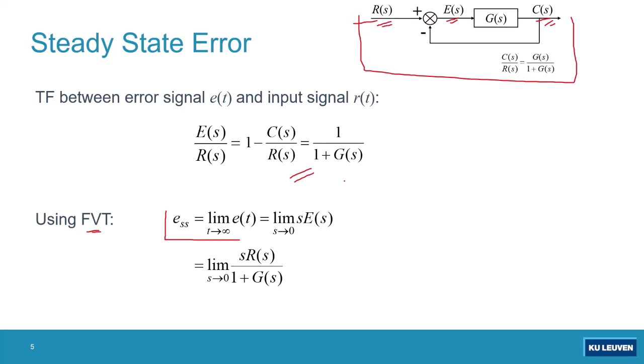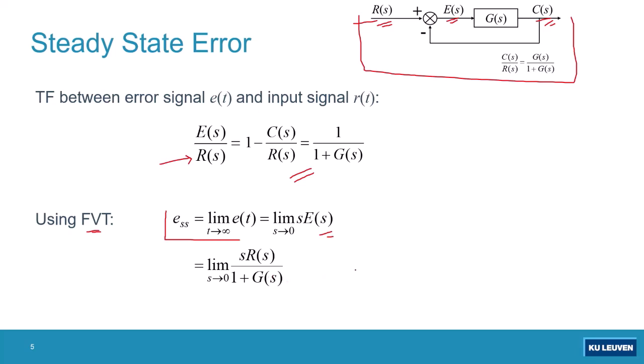So from here, once we know E and we know the input R, we should be able to calculate the steady state error. Limit s to 0 of s times E, where E is equal to R times 1 over 1 plus G. If we know R, we should be able to calculate the steady state error.